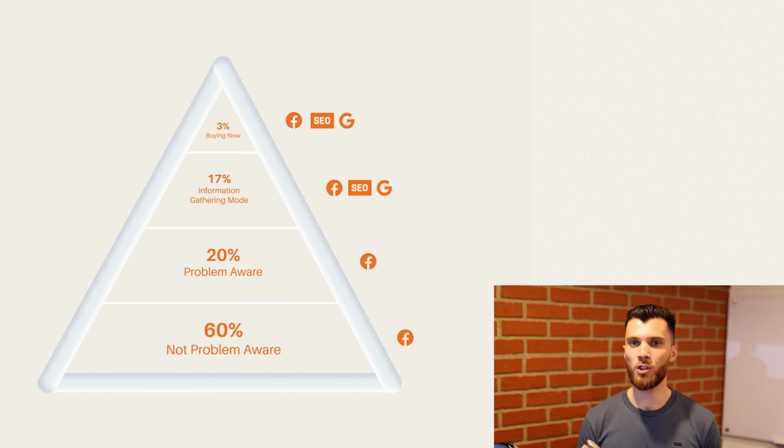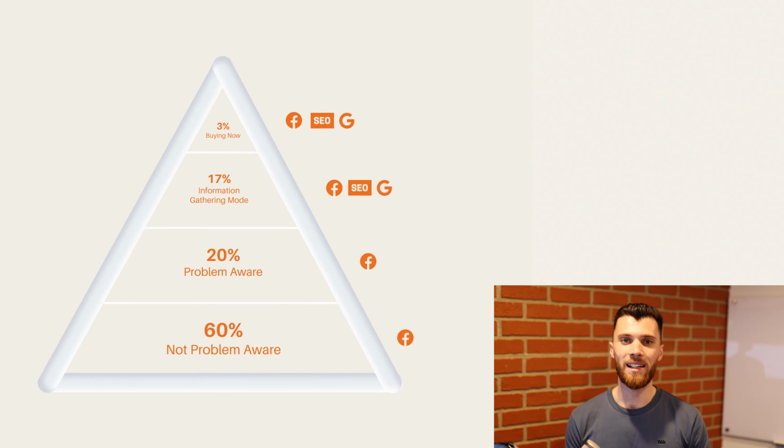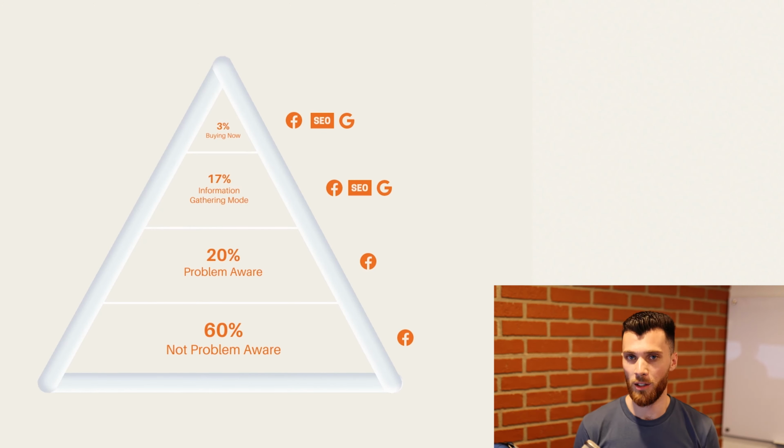So you can use a targeted approach across your social media to try and find these people because you know who they are. And ultimately at this stage in the funnel, all you're trying to do is build some awareness around the problem because they don't know they have it yet. So if you can tell them that there's this problem, they might go, aha, I do have that problem. And suddenly they move up into the 20% of problem aware people.